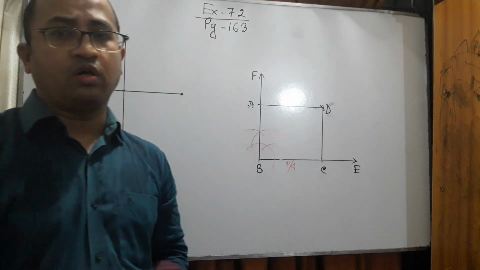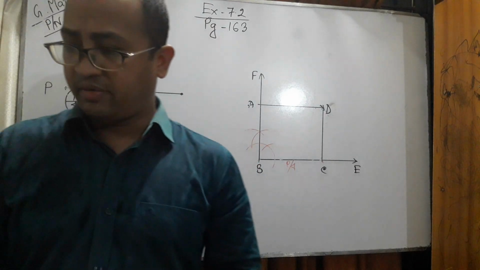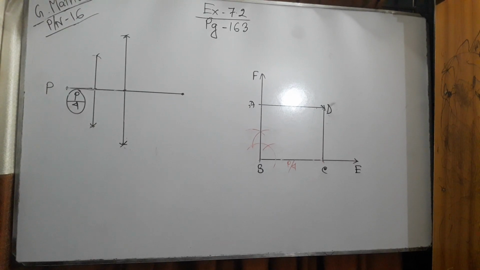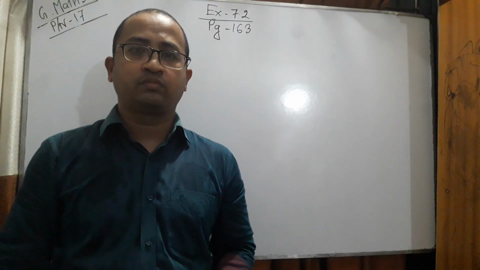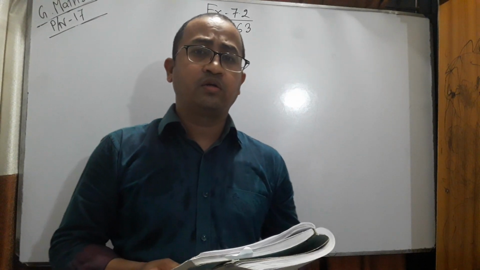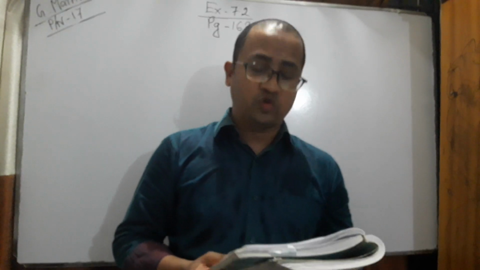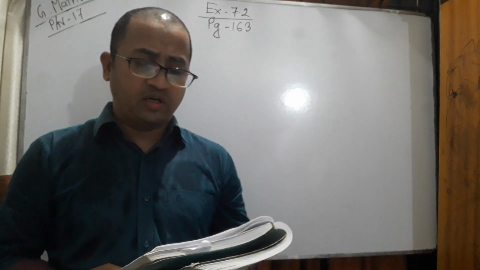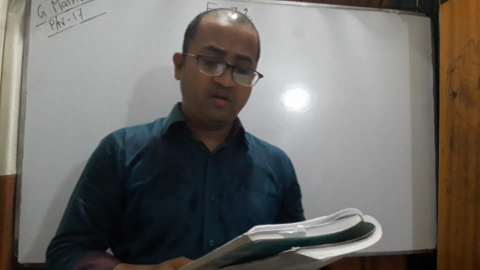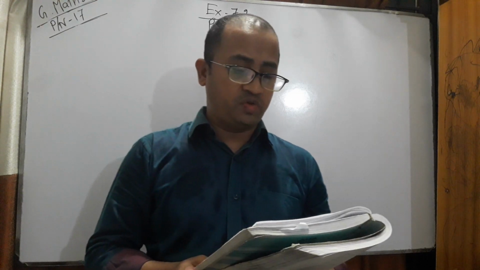Now we will solve question number 17. Look, it is a creative question. The length of the hypotenuse and a side of a right angle triangle are 5 cm and 4 cm.